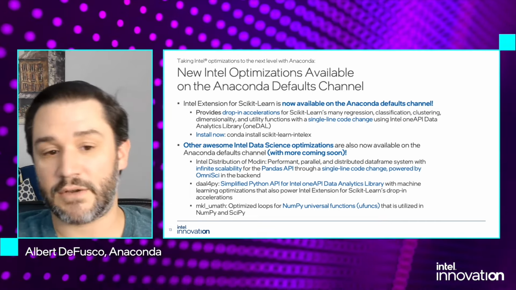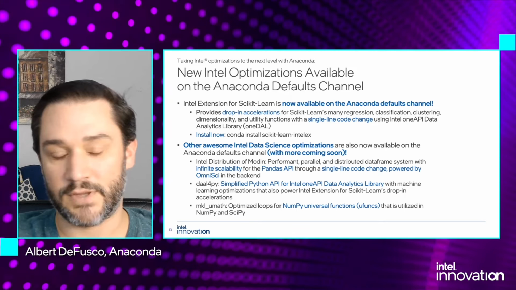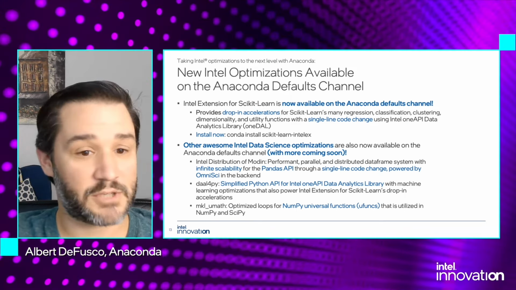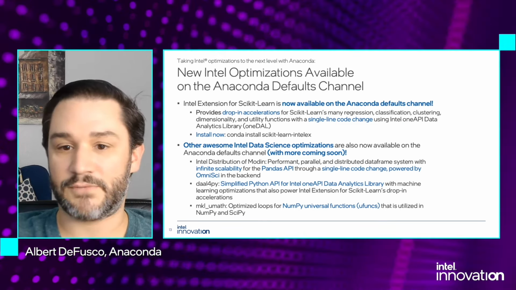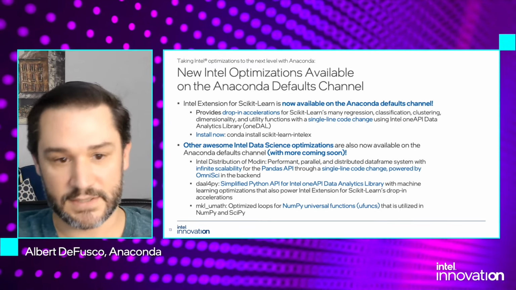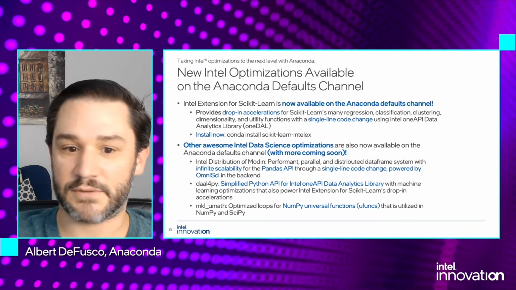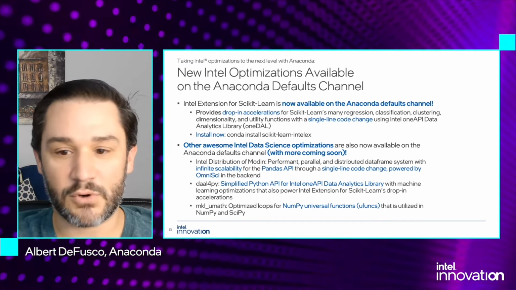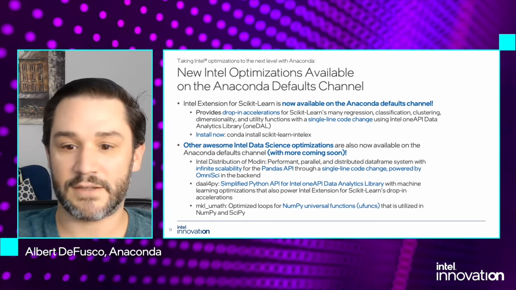Further, we're announcing now the availability of several more packages provided with Intel optimizations. We've talked about Modin, and when you install Modin from the Anaconda defaults library, you'll get the Intel distribution with OmniSci on by default. If you want to dig more into oneAPI, you can install the DAL for Py library.